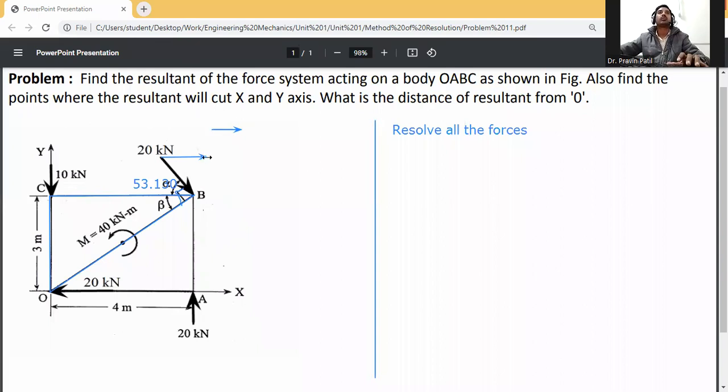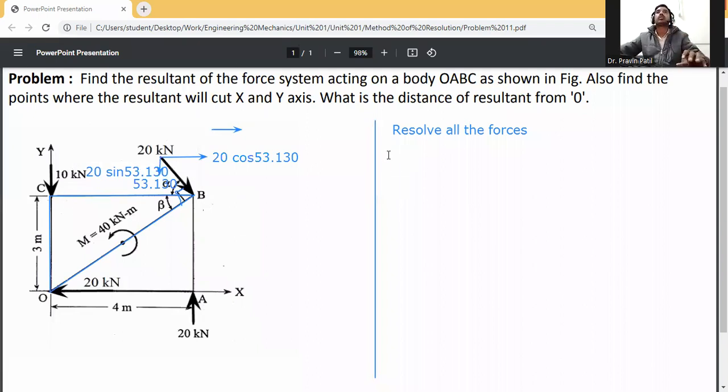So it is 20 cos 53.130 on x, and on y it will be 20 sin 53.130. The other forces act only horizontally or vertically.